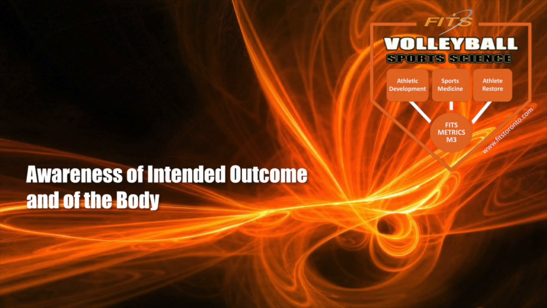So for physical literacy, I use this graduation of stages, starting with awareness of the intended outcome. So how should a person look doing an exercise, or how should a specific body segment or joint behave during an exercise, plus awareness of their own body, because sometimes an athlete can be aware of what they should do and can't feel themselves doing it.